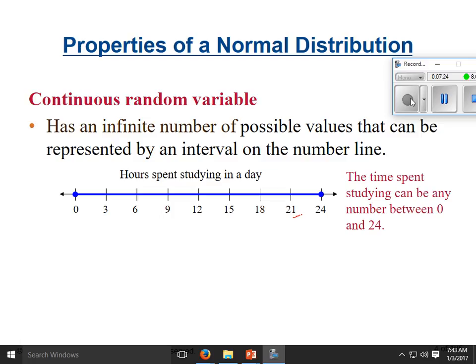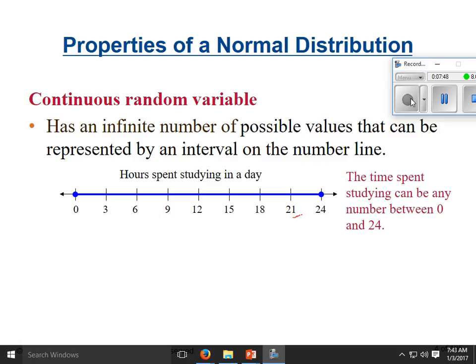All right, a continuous random variable. We talked about discrete, something you can count, and continuous, something like hours spent studying a day. Instead of having to spend a solid 1 hour or 2 hours or 3 hours, you could spend an hour and 10 minutes, an hour and 6 minutes, an hour and 2 minutes, whatever.